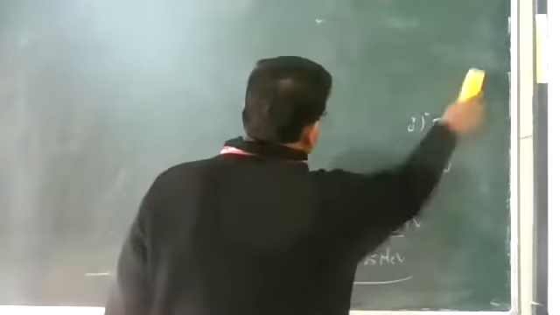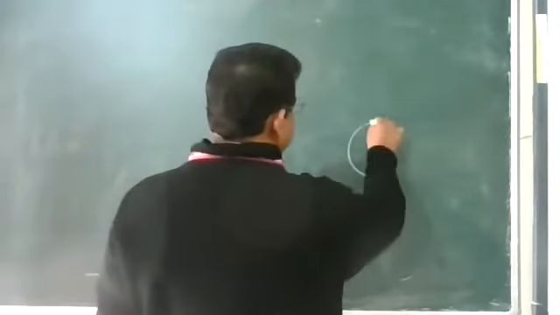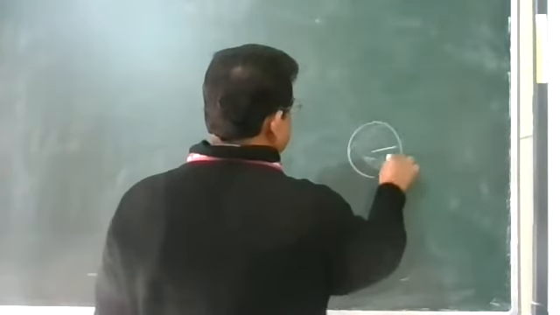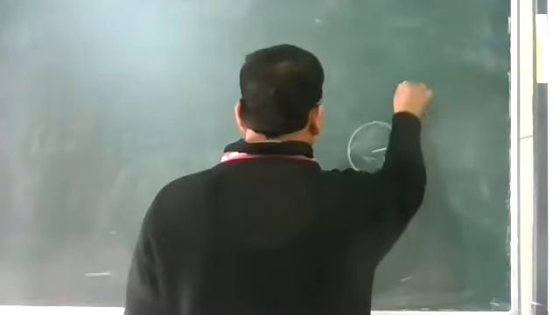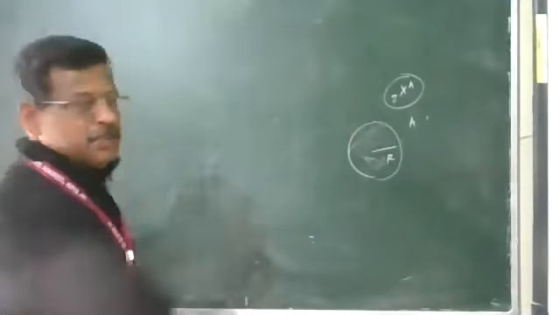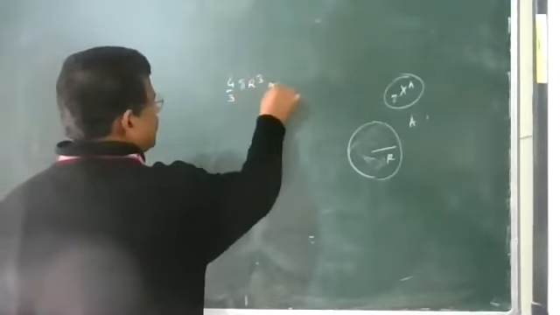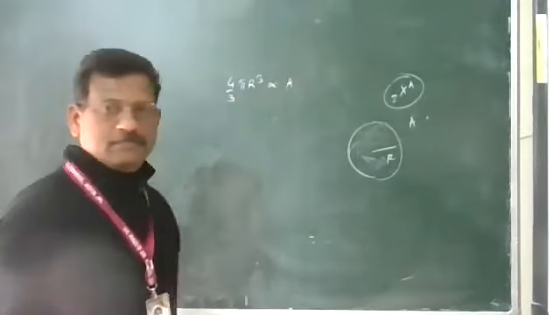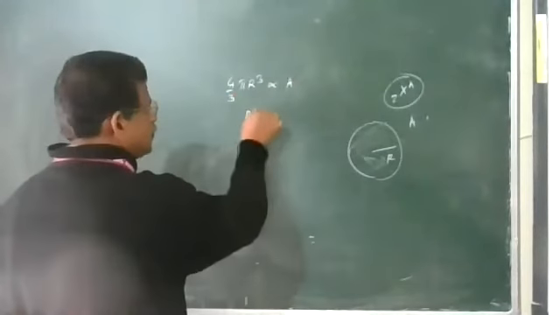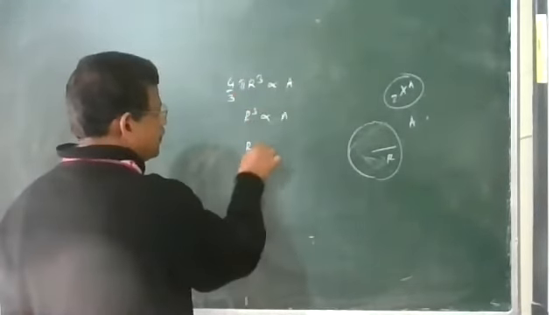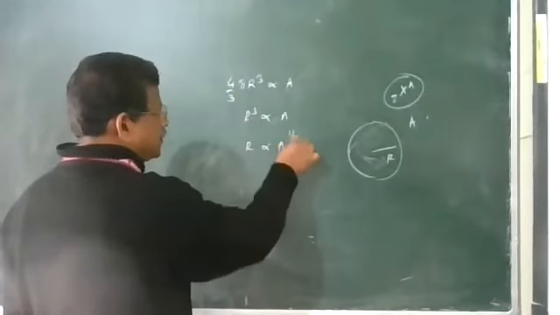Consider a nucleus of radius r and mass number A. The volume, 4 by 3 pi r cubed, is directly proportional to the mass number. So r cubed is proportional to A, or r is proportional to A power 1 by 3.